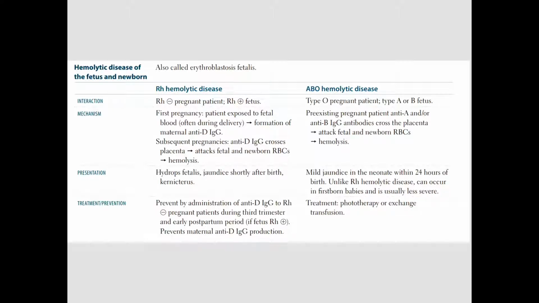If there is a blood leakage in the mother, or any trauma, or any amniocentesis, or any high risk procedures that may increase the risk of blood mixing of mother and fetus, and also after birth, within 72 hours, we use anti-D immunoglobulin. This is because the mechanism is easy to understand.